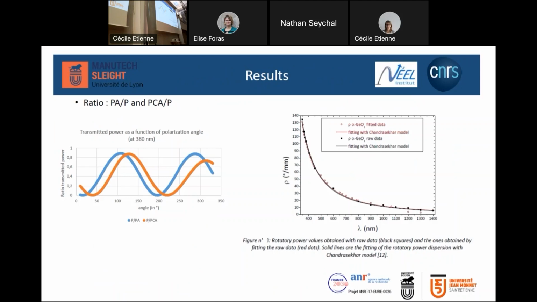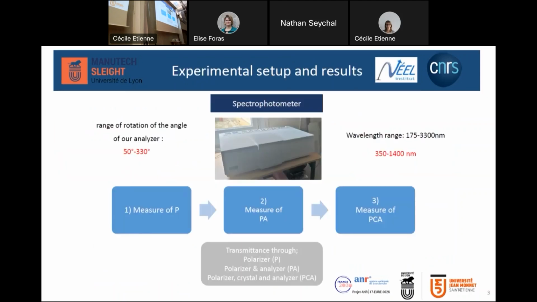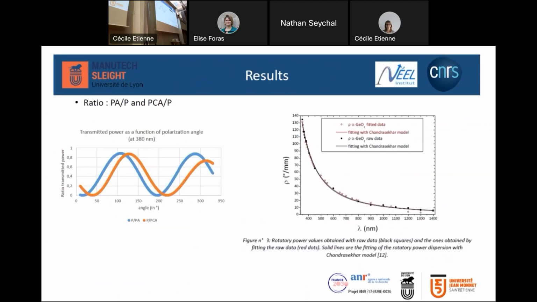The shift corresponds to the angle I mentioned previously, the angle of the rotatory power, which corresponds to the rotation of the plane of polarization of the light. Thanks to this shift, we can easily determine the rotatory power for each wavelength, and we can then plot the dispersion of the rotatory power of our material with regard to the wavelength.